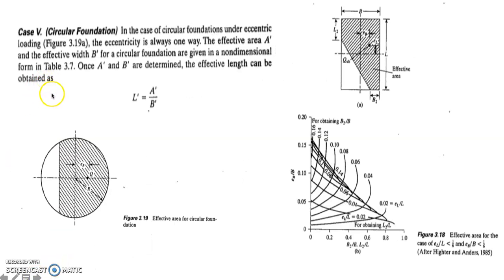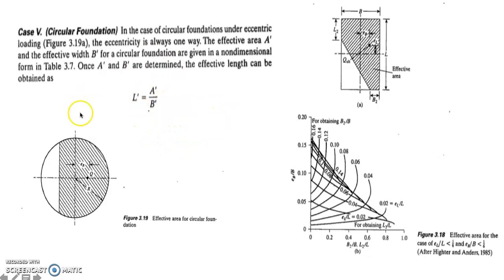For case 5, this is being referred to as the circular foundation. In the case of a circular foundation under eccentric loading, as shown in our figure 3.19, the eccentricity is always one way. The effective area A prime and the effective width B prime for a circular foundation are given in non-dimensional form.